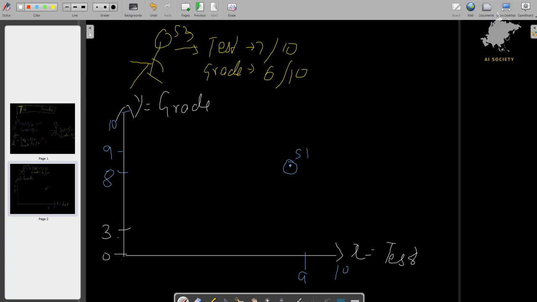So 3 for the test, and his grade was 4, so this one is 4, from 0 till 4. This particular student comes here somehow. So according to the S1 and S2 students, this is going to be the graph.